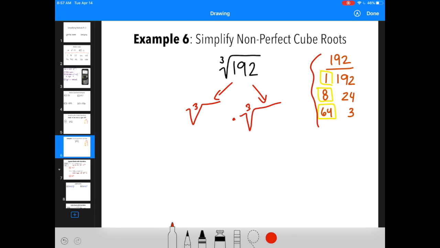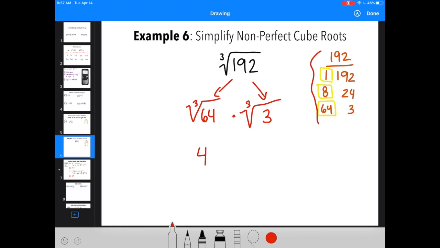So I'm going to break up my radicand into 64 and 3. Okay. Cube root of 64 simplifies down to 4. And the cube root of 3 stays the same. So my answer is 4 cube root 3.